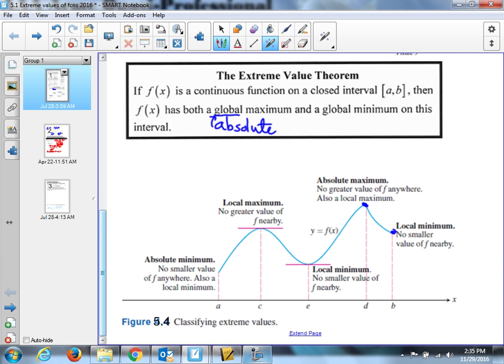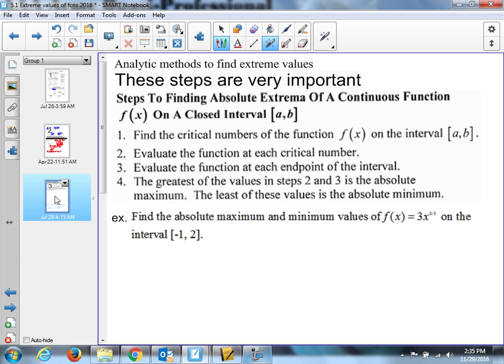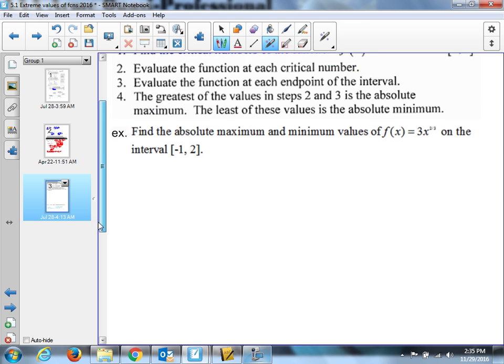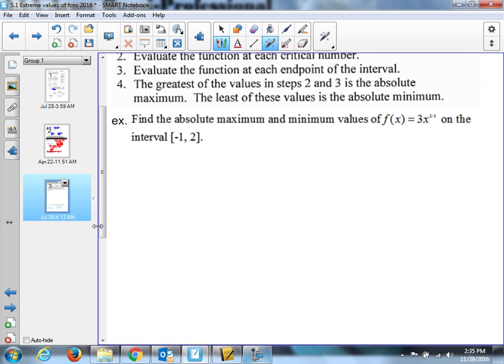In this case, though, it's one of the critical numbers that gives you that. So that's why steps 2 and 3 test out all the endpoints and the critical numbers, to come up with the possible values. And then you find your least, that's your absolute minimum, and your greatest, that's your absolute maximum. That's what steps 1, 2, 3, 4 are all about. It's easy to understand in pictures. It's not too hard to understand. It's just remembering and doing.